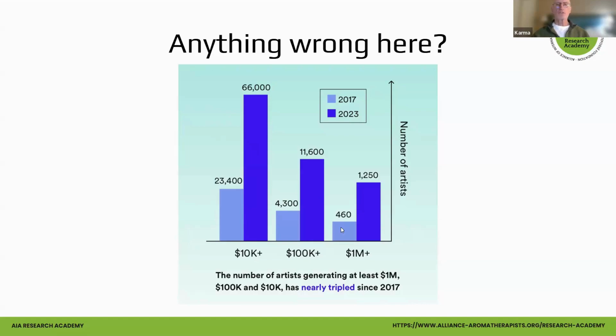It looks like 460. That's about, I guess, 3 times 1250. No, that makes sense. But if you go across, 460 appears to be 50% of 4,300, and 4,300 appears to be 50% of 23,400, and 1,250 is greater than 50% of 11,600, and 11,600 is about 50% of 66,000.